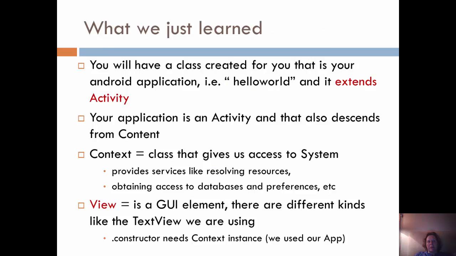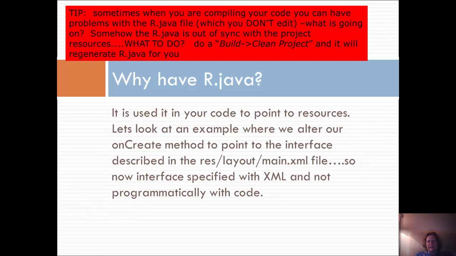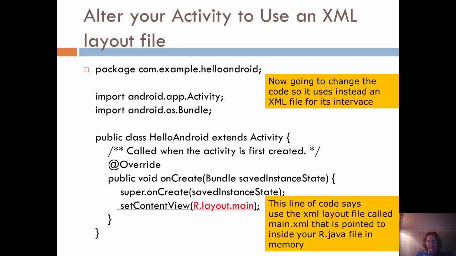In fact, let me skip over a couple. This is actually what it looks like. If I called it main activity, instead of hello Android, it would be called main activity extends activity. It has a single method here called onCreate that's written for you.